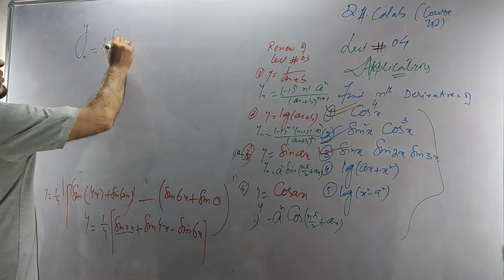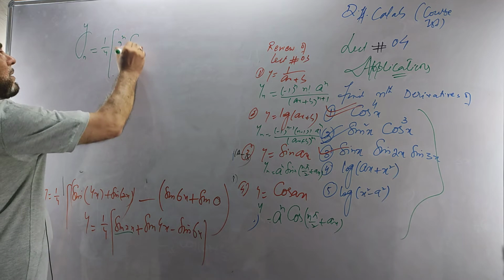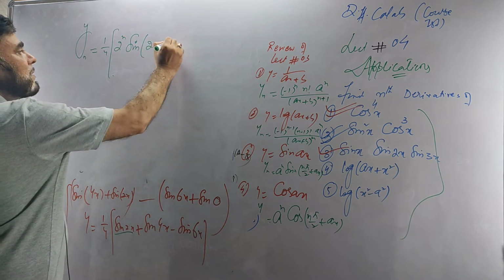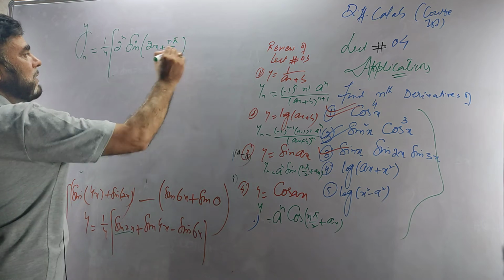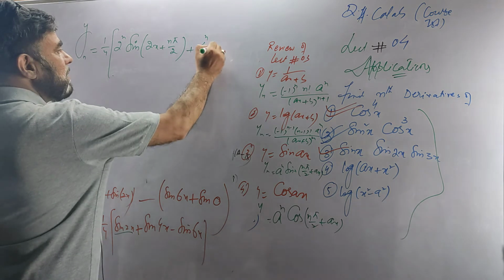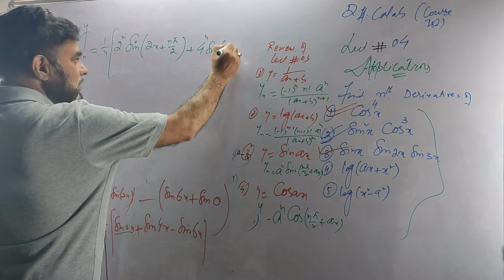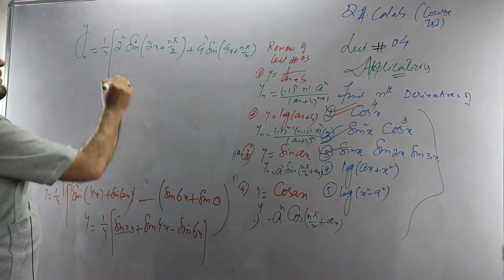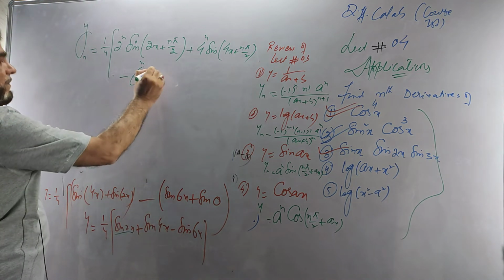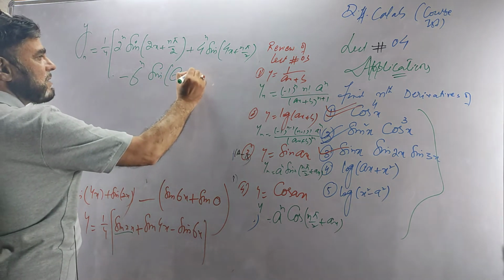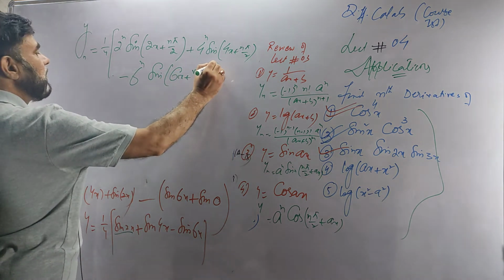The nth derivative of this: 2 raised to power n, sine of 2x plus n pi by 2. Similarly here, plus 4 raised to power n, sine of 4x plus n pi by 2. Then minus 6 raised to power n, sine of 6x plus n pi by 2.